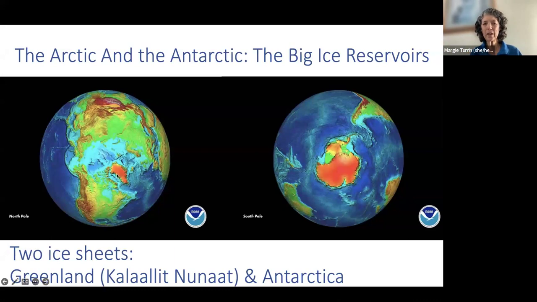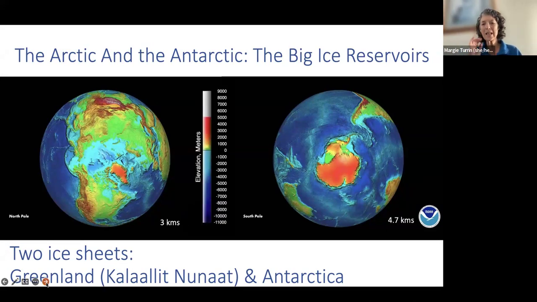So if you take a look at this, you can see that the Greenland ice sheet really rivals the Himalayas in terms of elevation, and Antarctica really rivals the Andes. And if we take a peek at that, you can see that there are almost 3 kilometers of ice thickness in Greenland and close to 5 kilometers of ice thickness in Antarctica.